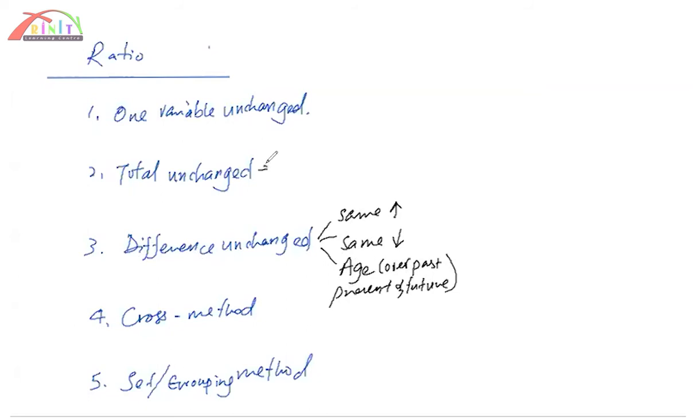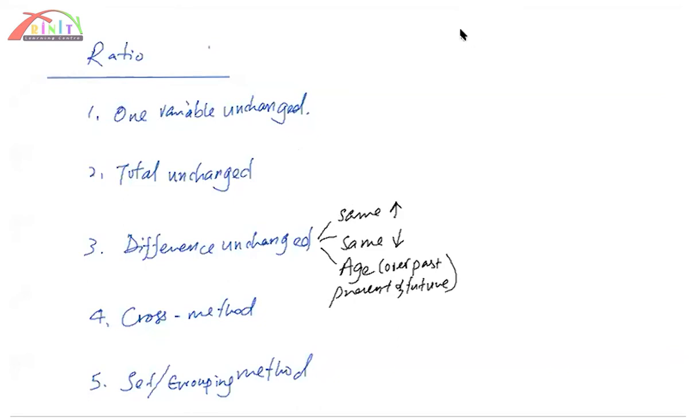This one also has an age question, but this one is always present. There is no past and future. There is no 10 years ago, no 15 years later. This kind is total unchanged. This is how you differentiate. Let me remove this to prevent confusion. Okay, so we focus on this now.